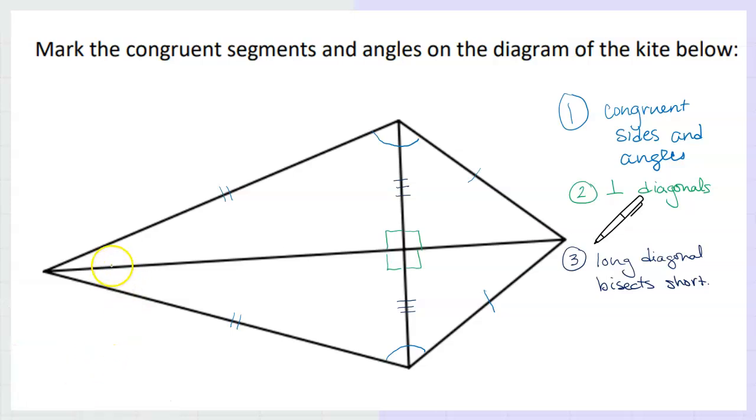We know that the long diagonal bisects the angles. So it gives us a lot of congruences. Knowing that we have a kite, if we draw those diagonals in, we just get a lot of things that are congruent.